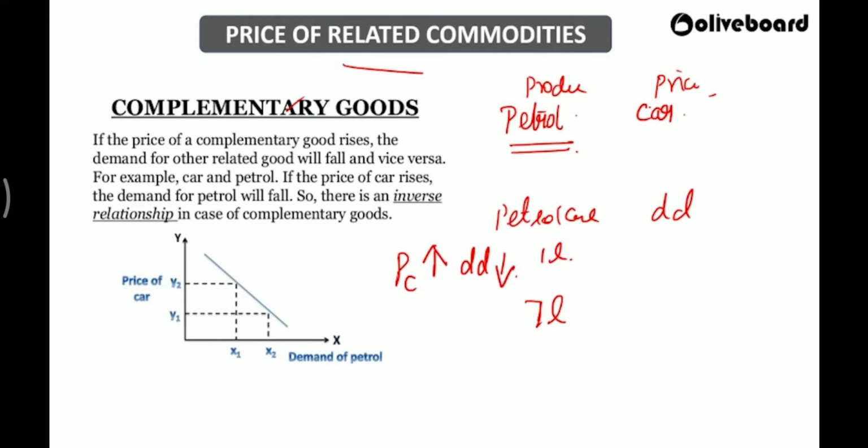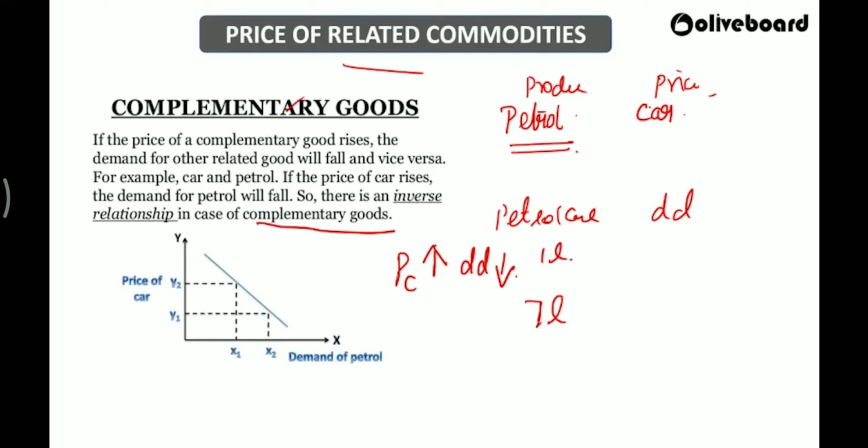They will shift to either electric vehicles or diesel cars, and because of that, the demand for petrol will come down. So when the price of the complementary increases, demand for the commodity will decrease, other things remaining same. So there is an inverse relationship in case of complementary goods.